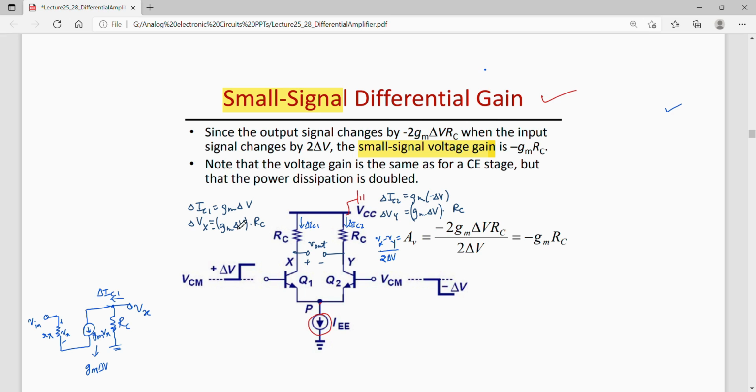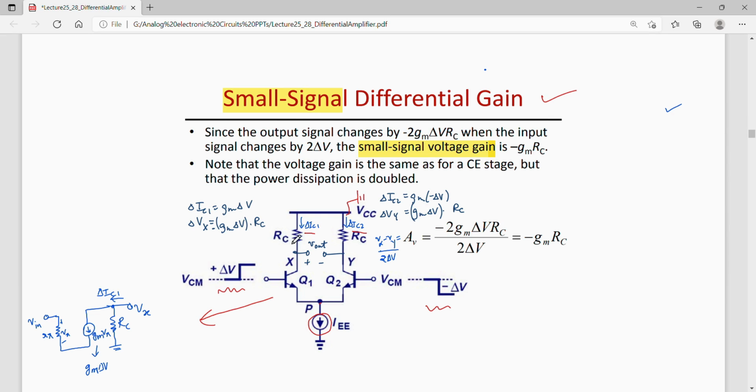So one can find the change in collector current, delta IC1 and delta IC2, in response to change in the input voltages. So one can draw the small signal model circuit.